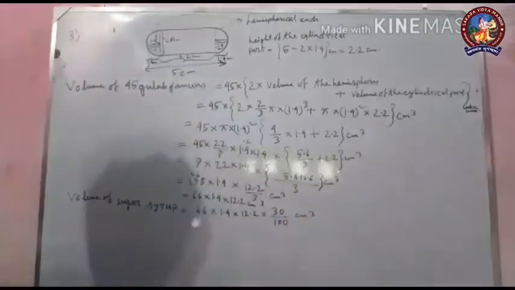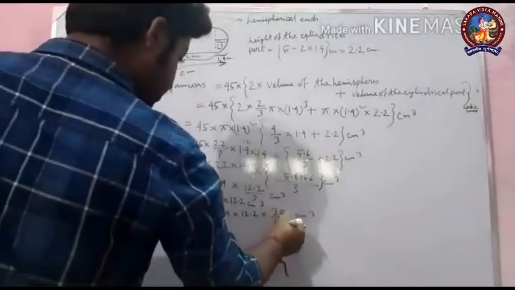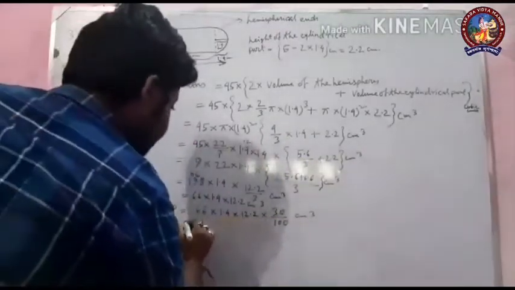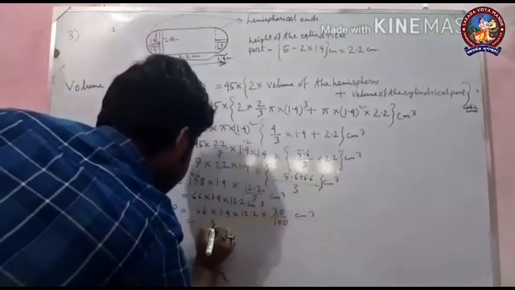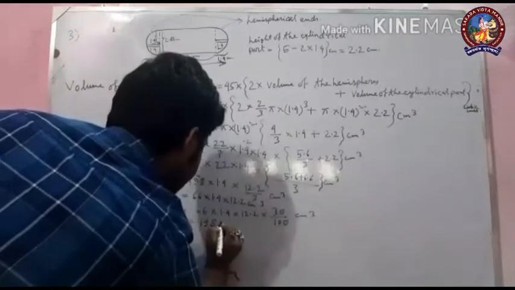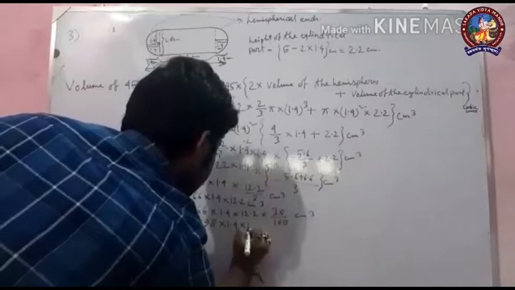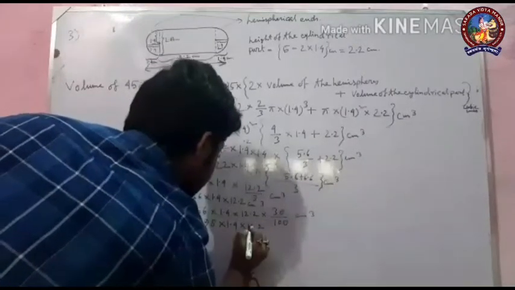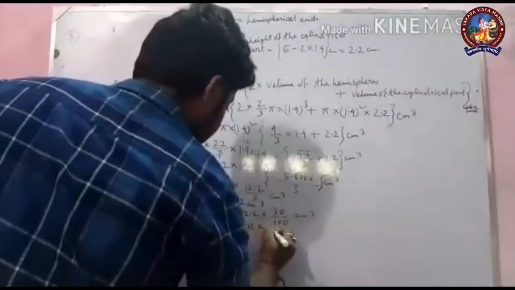Now let's calculate this. It will be again 66 and 3, 98 into 1.4 into 12.2 by 10. Let's make it 1.22 centimeter cube.